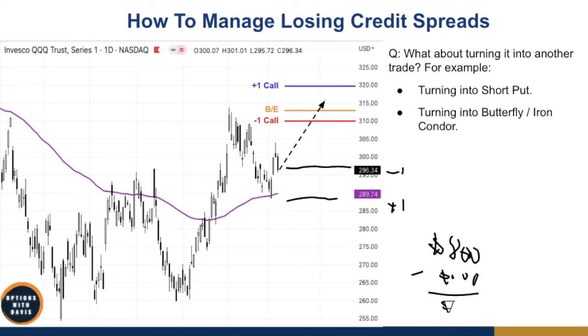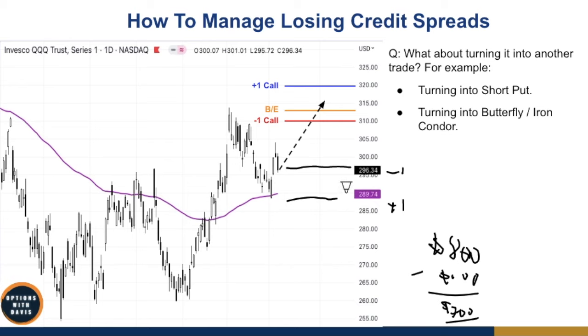So now you have turned this trade into a maximum $700 loss because you have received credit for this, and the market can only be at one side at expiration, right? This too has to be the same expiration date, by the way. You want to keep it at the same expiration date so there's no messing around with different durations and timings. So when you do it this way, you reduce your maximum loss.